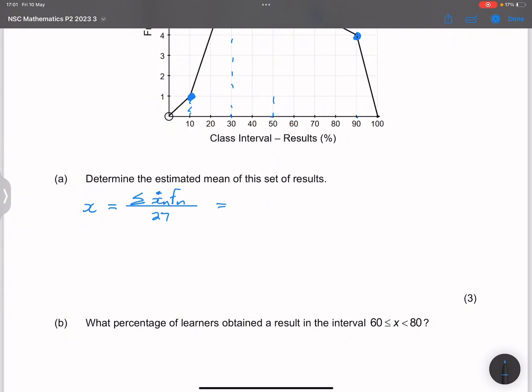So we're going to take the sum. Firstly, we set the midpoint of the value.